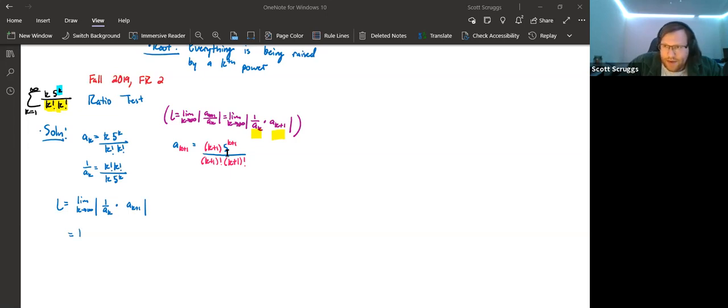Copy down, now that we've done bookkeeping, the reciprocal of a of k: k factorial times k factorial over k times 5 to the k power times the a of k plus 1 term, which since we did our bookkeeping, we get to copy down. k plus 1 factorial, k plus 1 factorial.